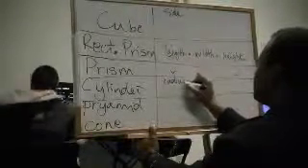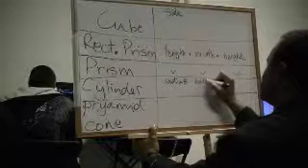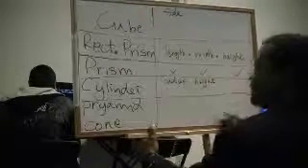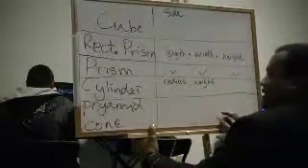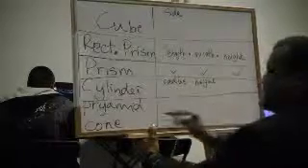For a cylinder, I need to know different things now. I need to know radius, I need to know height, and that's it.